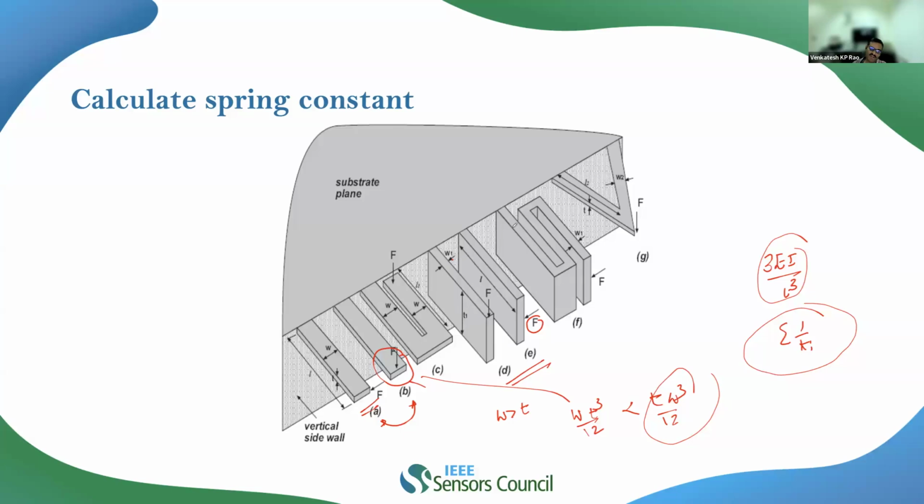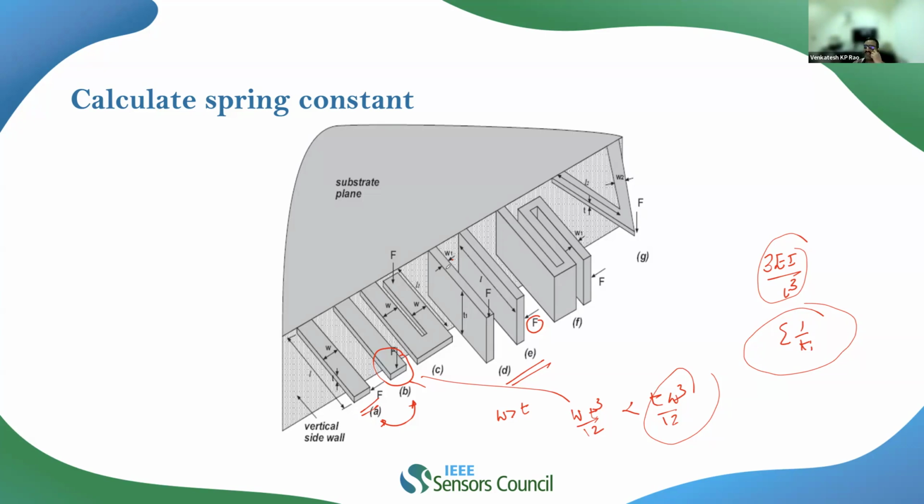Now, in a similar case, let's say that I want to increase the length of this. Let's say that I want to put it into a few meters. In that case, I can't have a meter length cantilever and make it out in a micro scale. That would be very difficult, and also that is not justifiable.